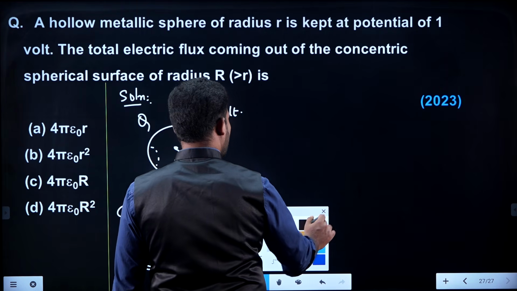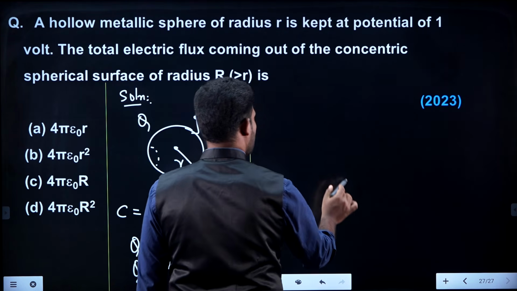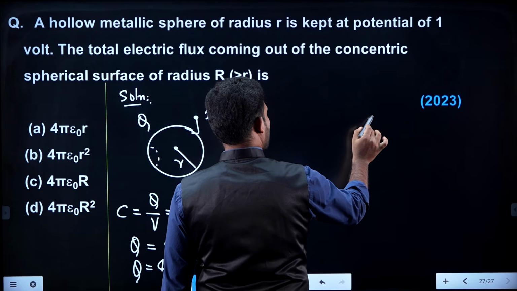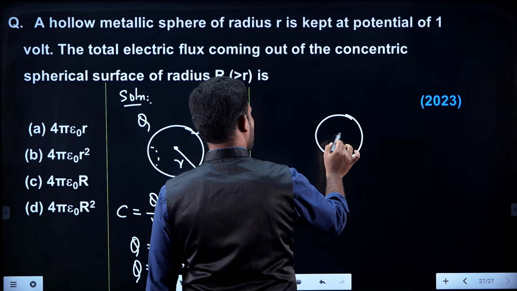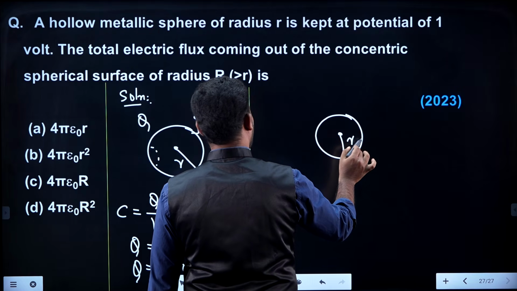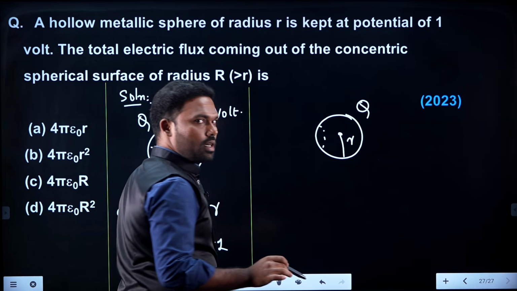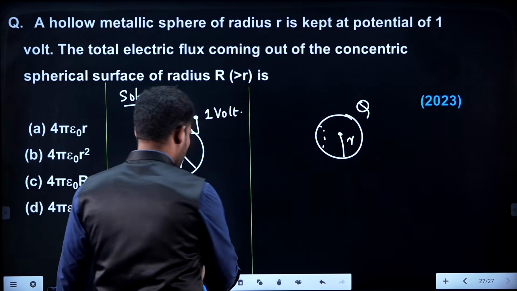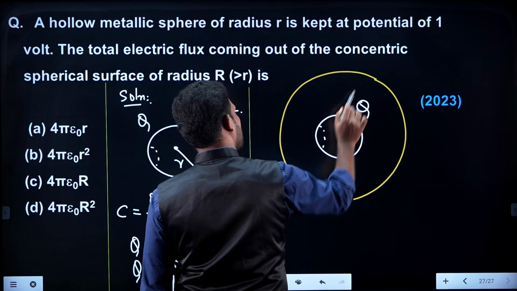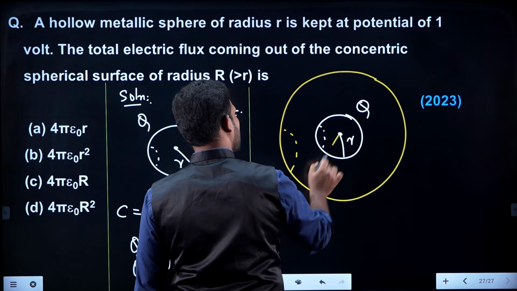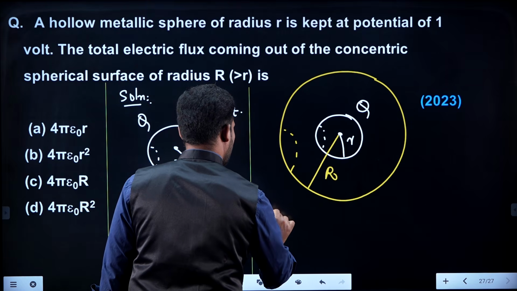Now, this is enclosed within a bigger sphere. The charge induced on the inner sphere is Q, because it is connected to the potential of 1 volt. The question is asking how much flux is coming out of the bigger sphere whose radius is capital R. What is the net electric flux?